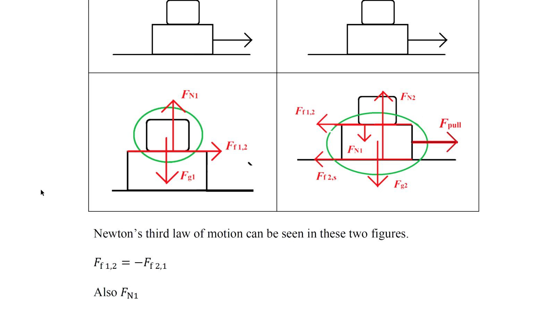The force of friction between object 1 on object 2 is equal to the minus force of friction on object 2 from object 1. Equal in magnitude, opposite in direction. Also, force of normal 1 on mass 1 points up, force of normal 1 on mass 2 points down. So, same force, same magnitude, opposite direction on different objects.